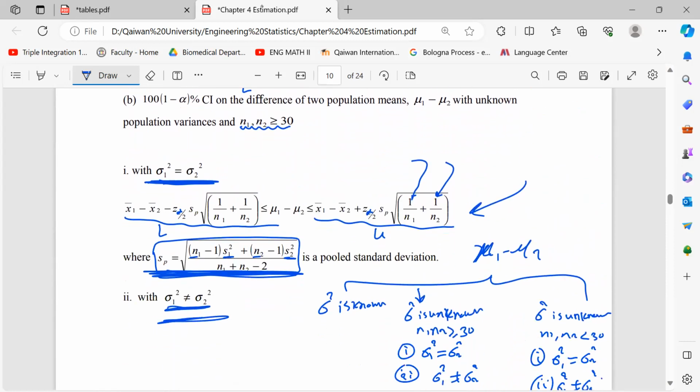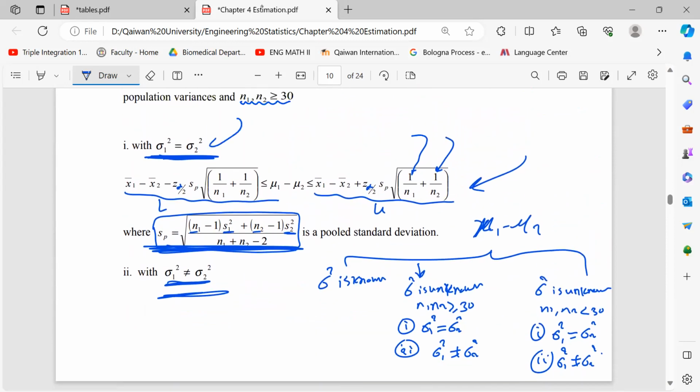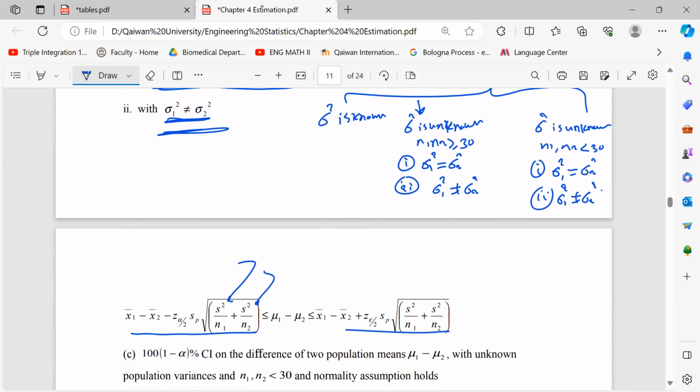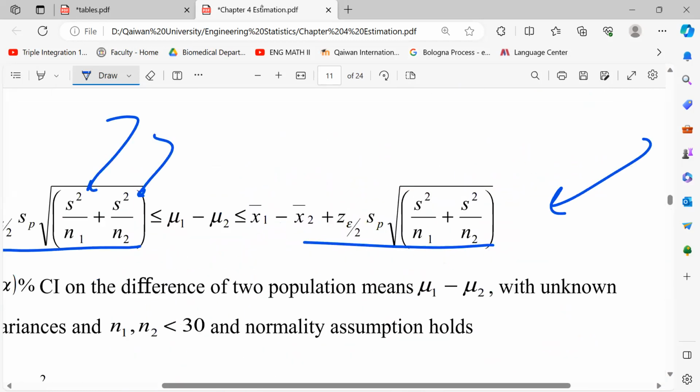If the variance is unknown, we look at the population size. If both are greater than 30, we have two cases. We look at the variances. If the variances are equal, we use this rule. But if the variances are not equal, we use this rule. This is also alpha.